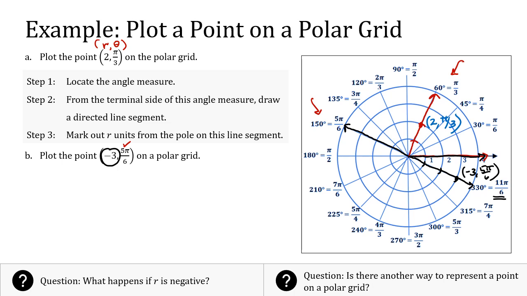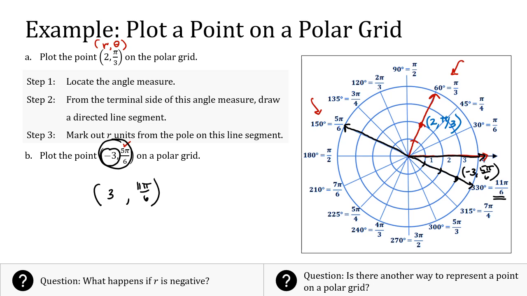We called it negative 3 comma 5 pi over 6. What else could we call this? If the angle measure were 11 pi over 6, then we would be sitting at just a positive 3 as a radius. We wouldn't need to go over to the other side.